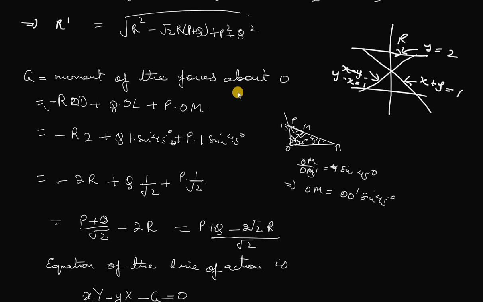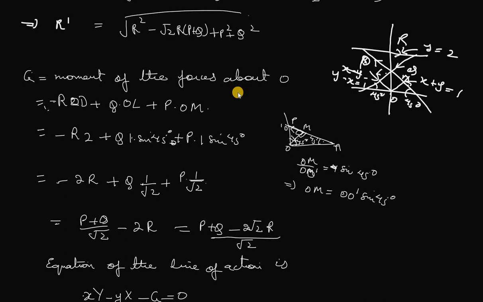Force R is in this direction, force P is in this direction, and this is Q, which makes an angle of 45 degrees, and here also it is 45 degrees. So O is the origin, OM is here, and OL is this, the perpendicular distance of these two lines from the point O.